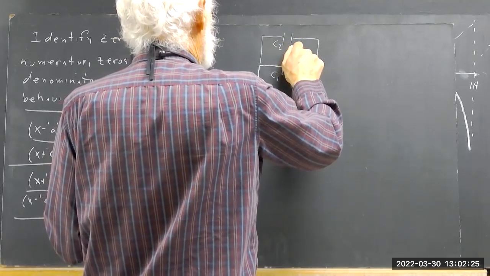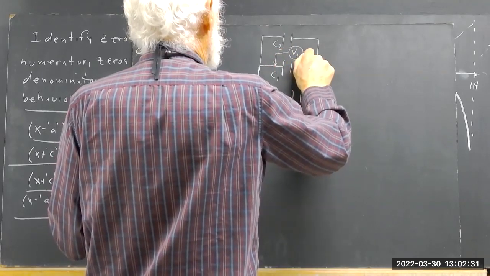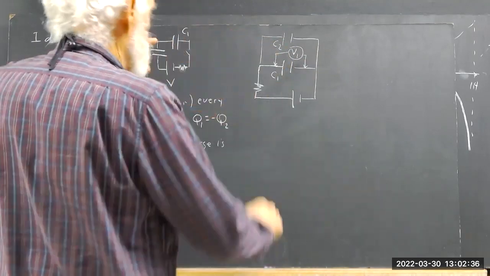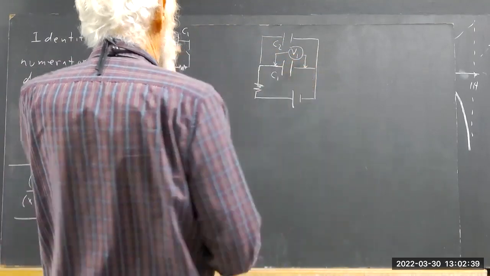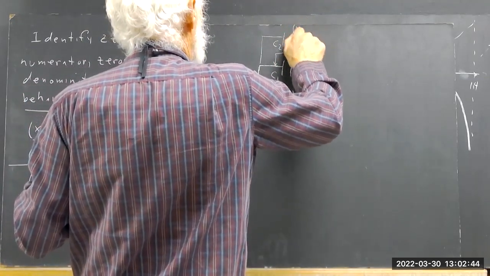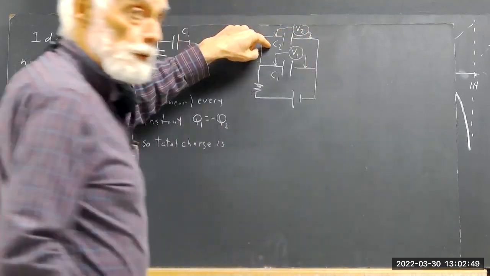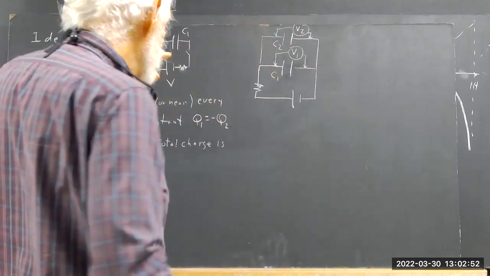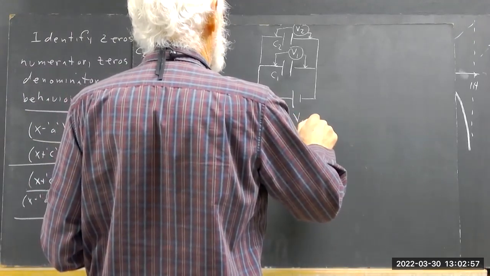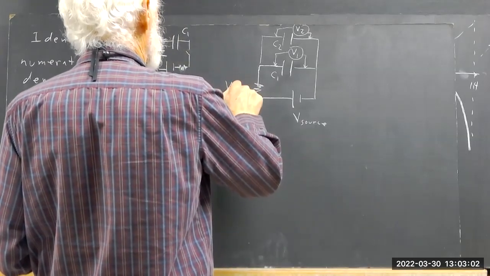Now I've got a voltmeter. This voltmeter measures the voltage across this capacitor. And I've got another one up here, V2, another meter that measures the voltage across this capacitor. So here I've got voltage of the source, and there's some voltage across the resistor.